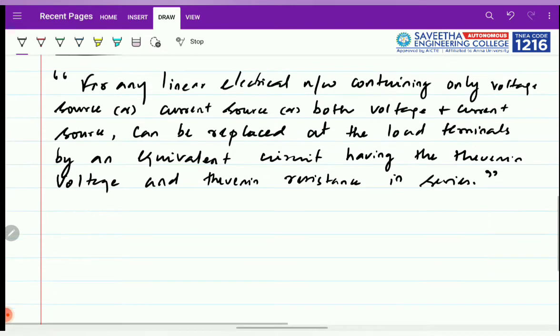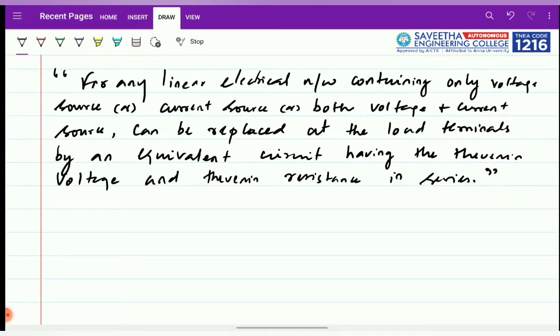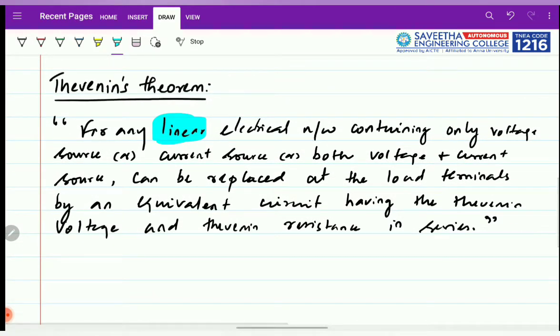So they mean to say, in any linear electrical circuit, the term linear means it has to satisfy Ohm's law. Actually Ohm's law does not hold in a non-linear electrical circuit. Only in a linear circuit is Ohm's law satisfied. Thereby we can put the Thevenin theorem only in linear circuits.